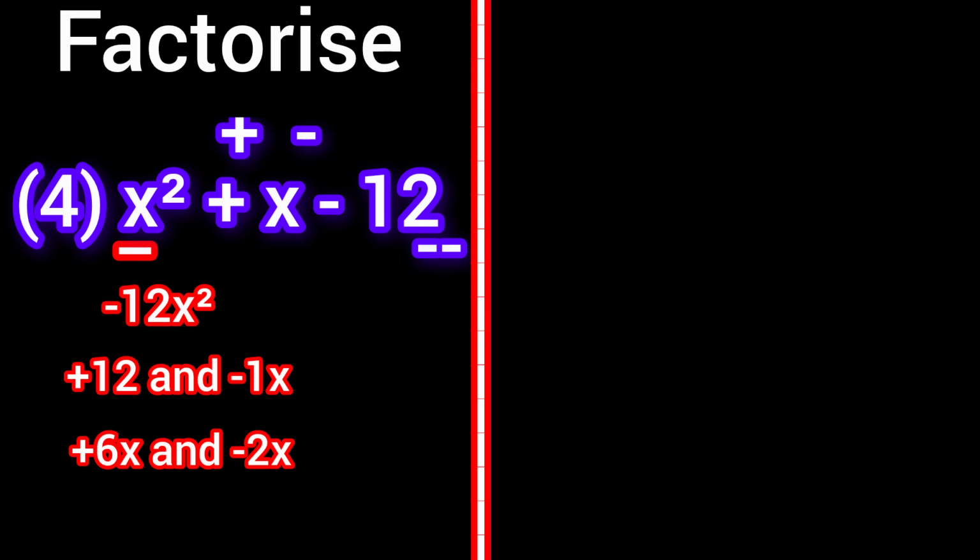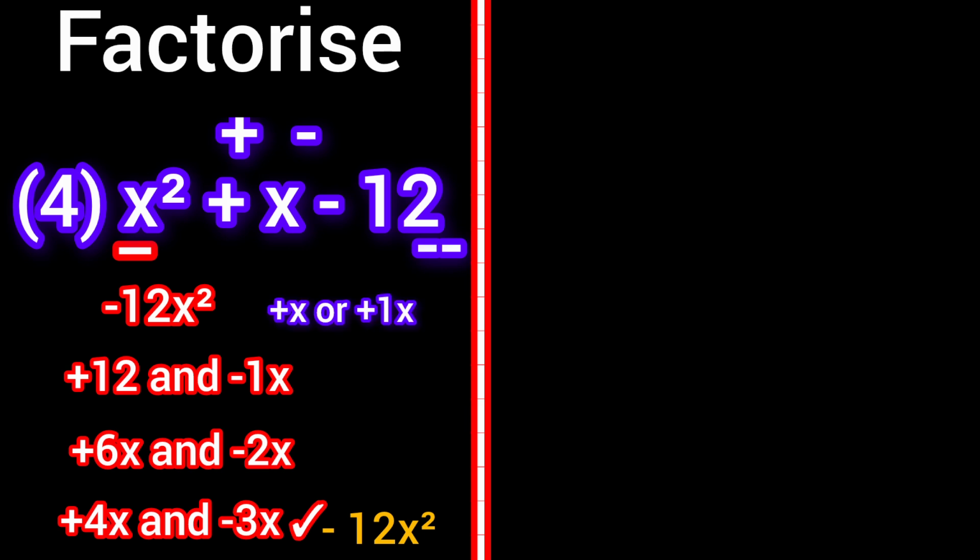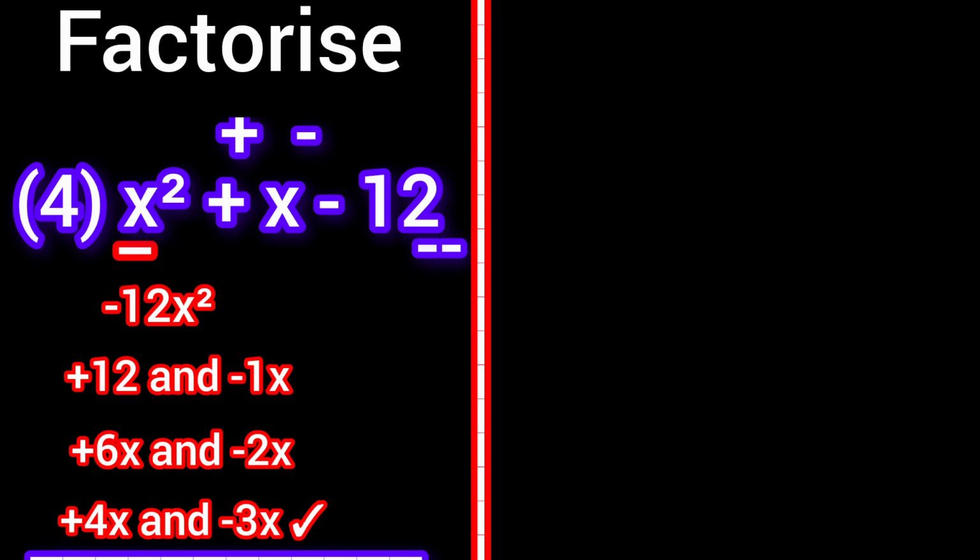Let's go with plus 4s and minus 3s. Plus 4s times minus 3s will give us minus 12s squared. And 4s minus 3s is going to give us plus 1s. So the good numbers to use are plus 4s and minus 3s.